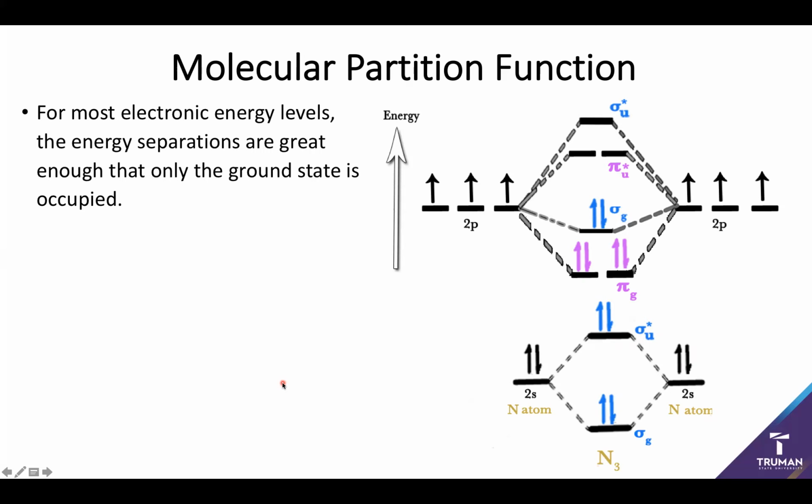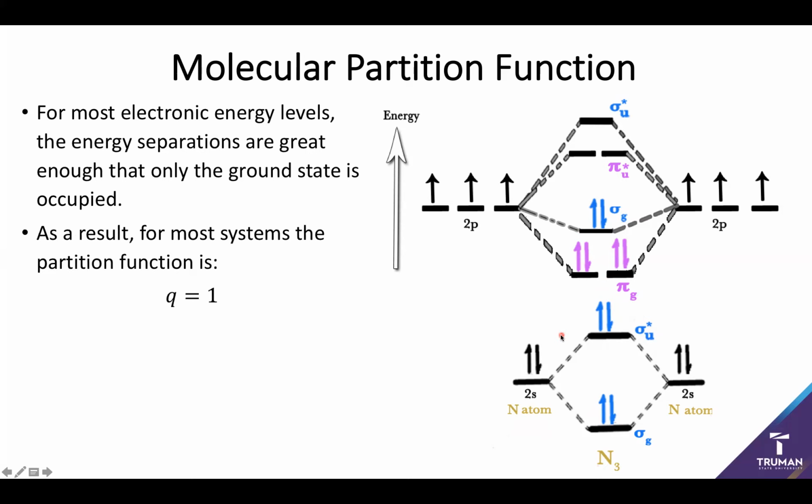This one turns out to be almost the easiest of the set, because when you're dealing with electronic energy levels, as found in nitrogen, what we tend to notice is that most of our energy levels are greatly separated. Because these energy separations are fairly large, you're almost always going to find a molecule in the electronic ground state.